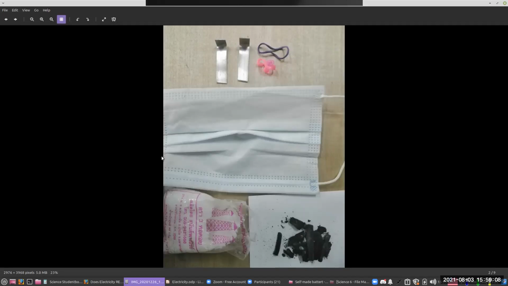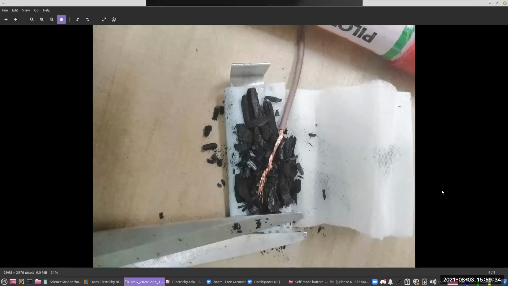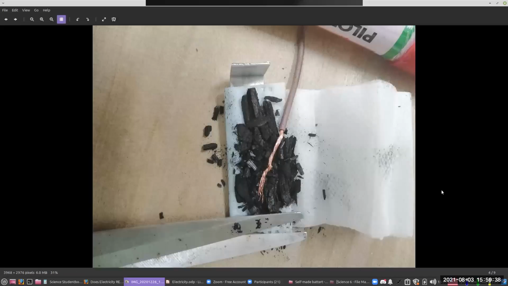And I used materials you have at home. As an example, I used the face mask, salt, charcoal, rubber bands, and some aluminium, because I need to get the electron flow out from the material. The next step, I cut the mask into parts and wrapped them around. And I used another material, copper.